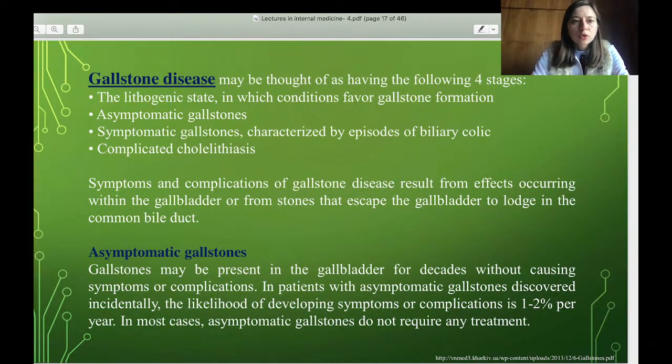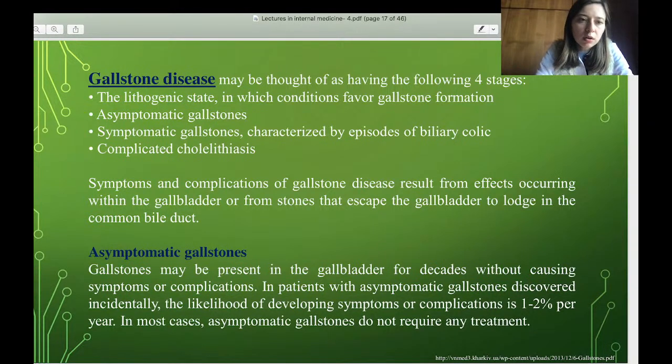And gallstone disease may be thought of as having the following four stages. First, the lithogenic state, in which conditions favor gallstone formation. Second, asymptomatic gallstones. Third, symptomatic gallstones characterized by episodes of biliary colic.